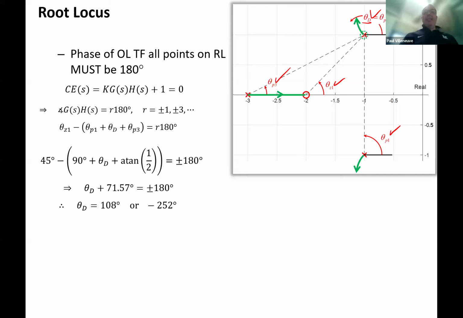So how do you calculate this angle for theta Z1? Let's get our thinking caps on. You don't know how to calculate theta Z1? Should be pretty easy, right? Isn't it a right triangle? You can't calculate this angle?